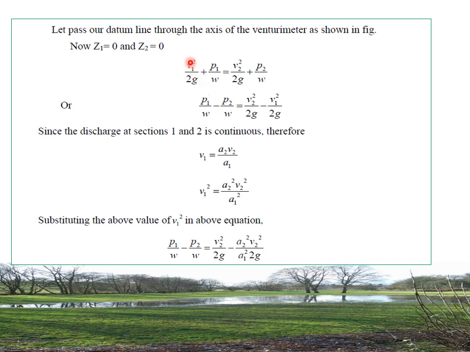So, V1²/2g + P1/w = V2²/2g + P2/w. We can rewrite P1/w - P2/w = V2²/2g - V1²/2g. Here P1/w - P2/w is the pressure head difference between sections 1 and 2.